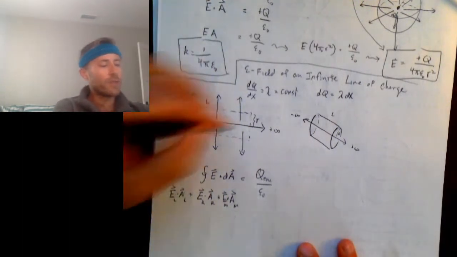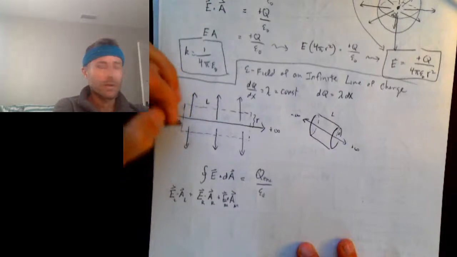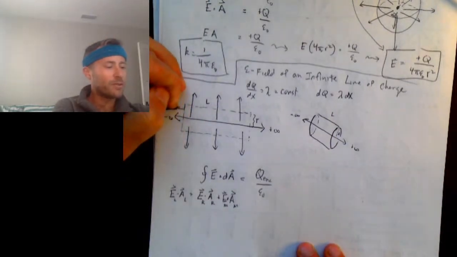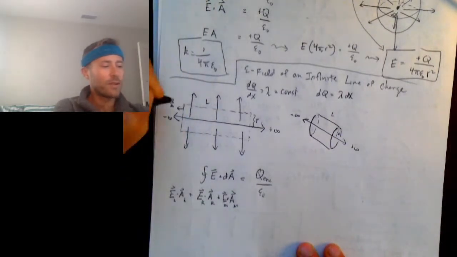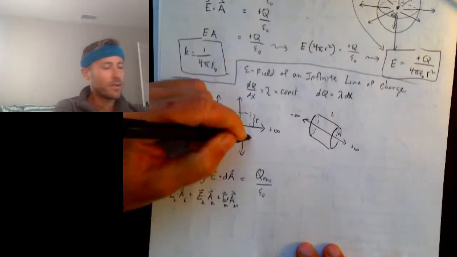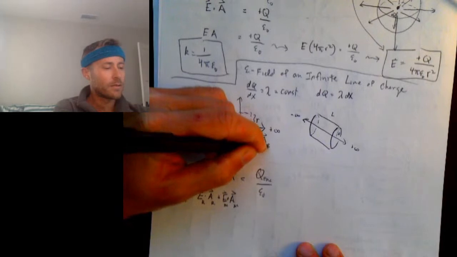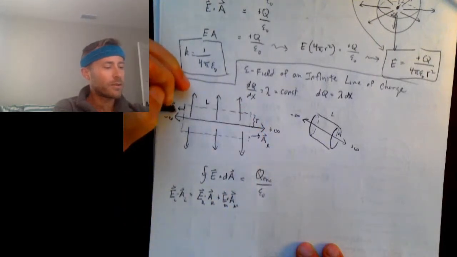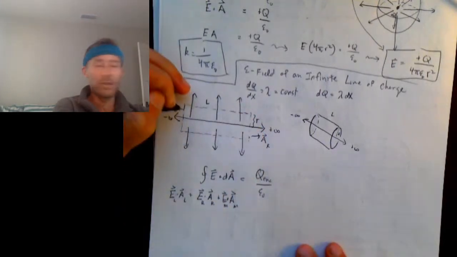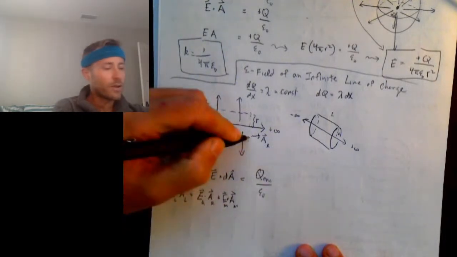For the left and the right side, the area vector points to the left or to the right. So that here the area vector points to the right. On the left side, the area vector points to the left. But the electric field points up and down.